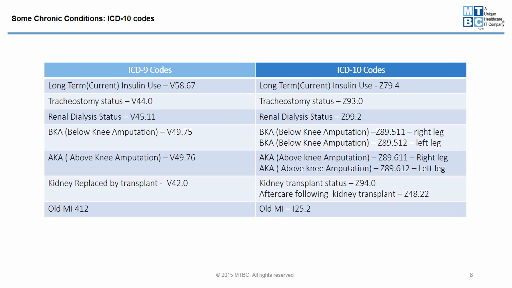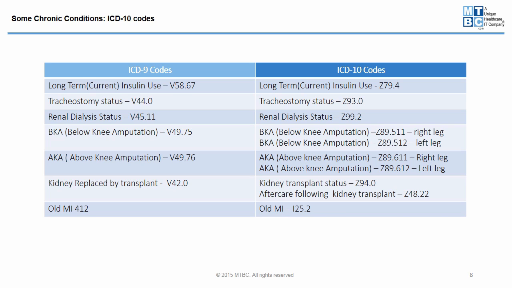For the kidney transplant, you have two different types of codes. You have kidney transplant status, meaning the patient had the kidney transplant at one point, but you're no longer treating them.